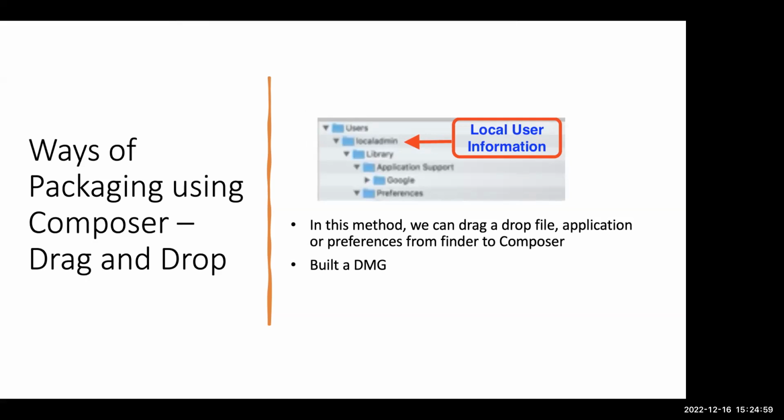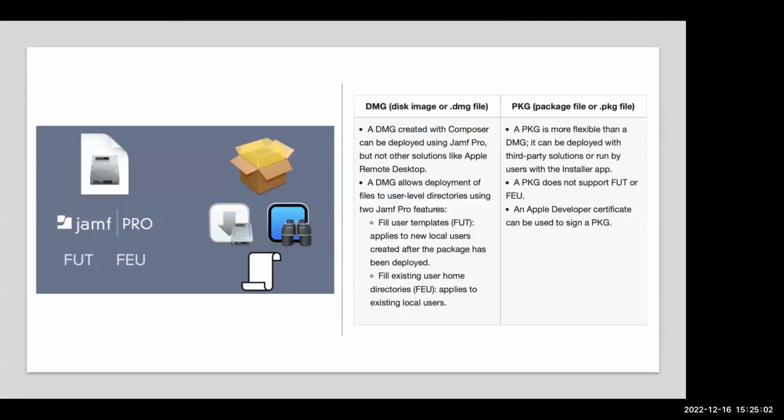There is a feature called FUT, which stands for Fill User Templates, and it applies to any local user that is created after the package is deployed. So if I deploy the package now and in future any user account is created, it will be filled and those user accounts will get the certain settings or preferences we have set. The other option is Fill Existing Home User Directories.